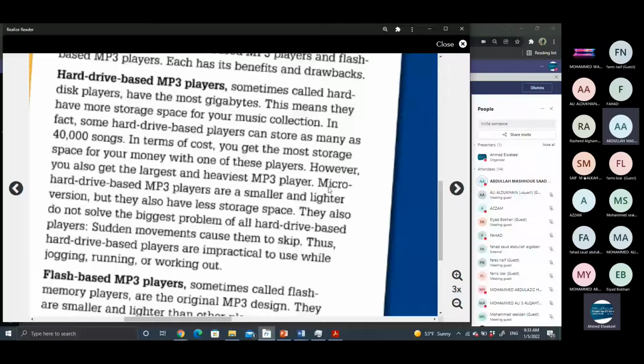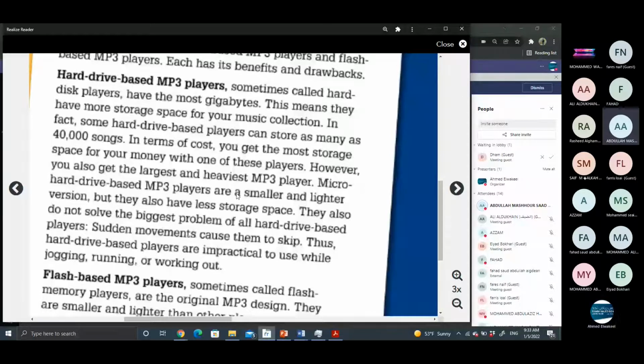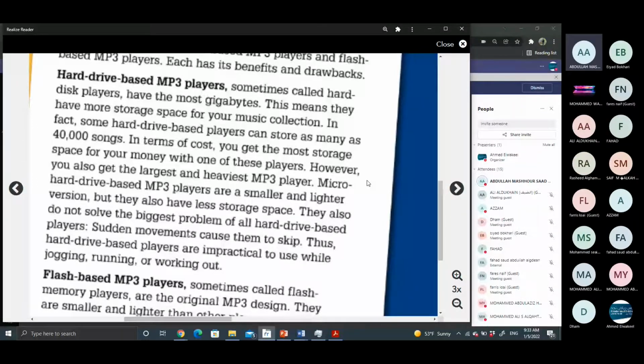Micro hard drive based MP3 players are a smaller and lighter version, but they also have less storage space. They do not solve the biggest problem of all hard drive based players: sudden movements cause them to skip. Thus, hard drive based players are impractical to use while jogging, running, or working out.